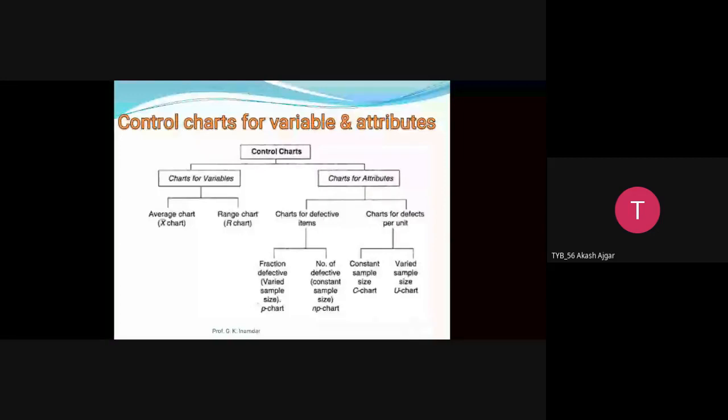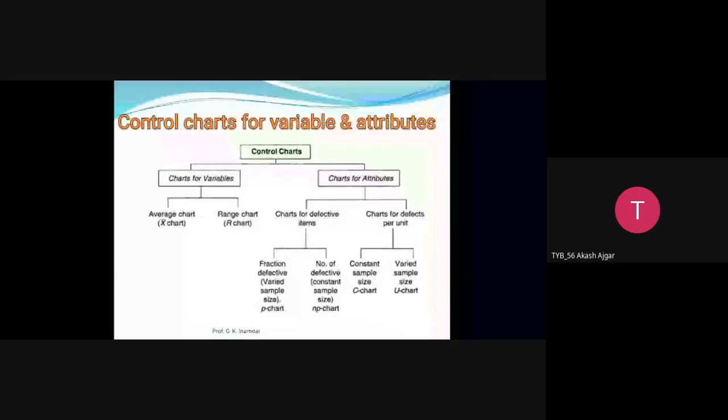Now you can see here control charts are divided into two parts, for variables and attributes, and again variables are divided into two charts, that is the average chart, that means X bar chart, and the range chart, that is the R chart. So charts for the variable are divided into two subtypes, that is called an X bar chart and R chart.